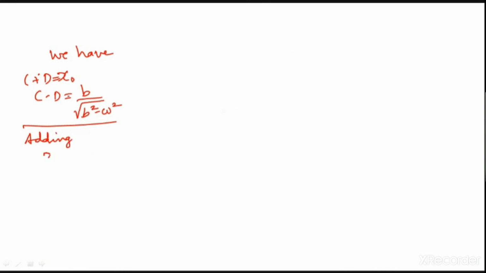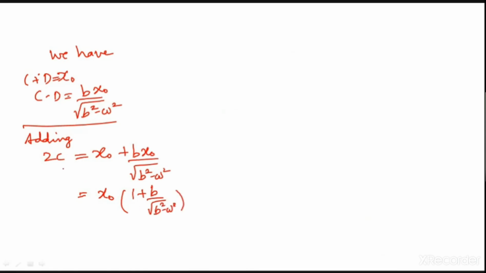It becomes 2c, the d and minus d get cancelled, equal to x naught plus x naught b by root of b square minus omega square. I'll take x naught as common factor: 1 plus b by root of b square minus omega square, and with 2c there, I get c as x naught by 2 times that.